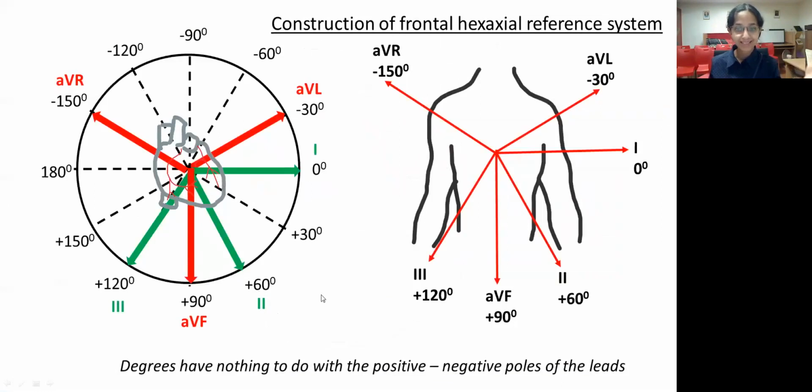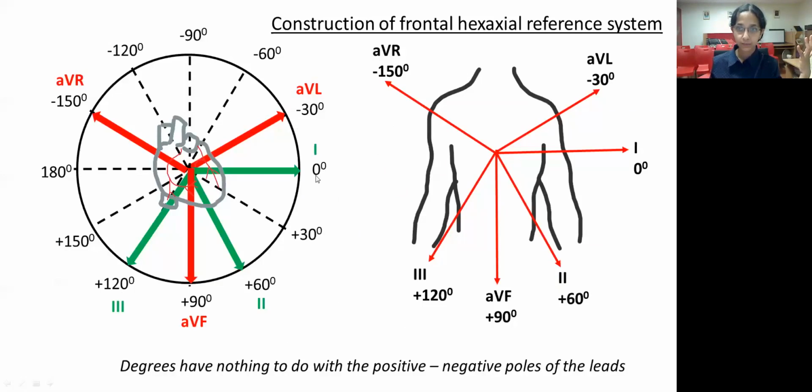Remember that these degrees have nothing to do with the positive and negative poles of the leads which we discussed in the last class. So empirically we started with 0 degrees for lead 1, and then we kept going in a clockwise direction to plus 180 degrees and in an anti-clockwise direction to minus 180 degrees. So this is how we would name them.